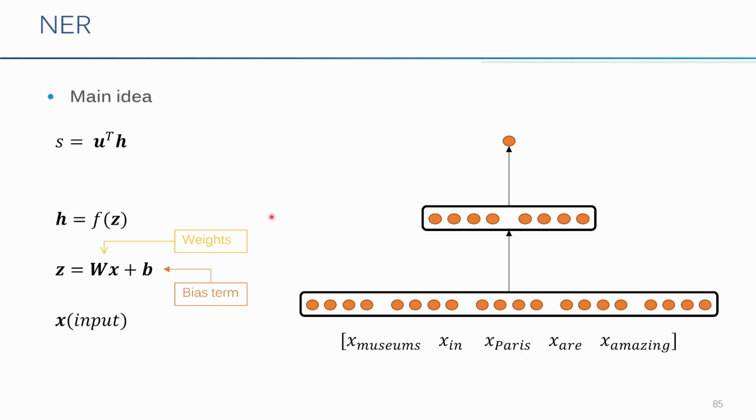A couple of things here. U transpose is just another weighting factor. Later, when we visit neural language models and recurrent neural networks, and later LSTMs and GRUs, we'll see that we use different weights depending on the layer. This already hints at the problem with this architecture, although you can get pretty far with it.